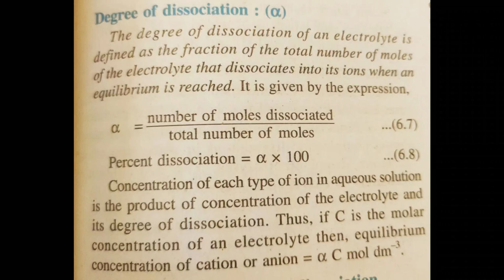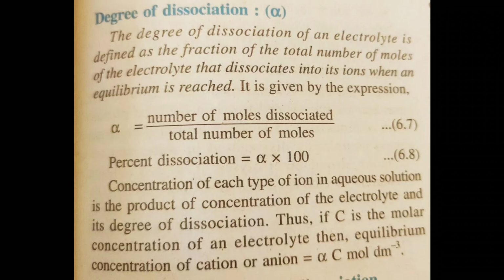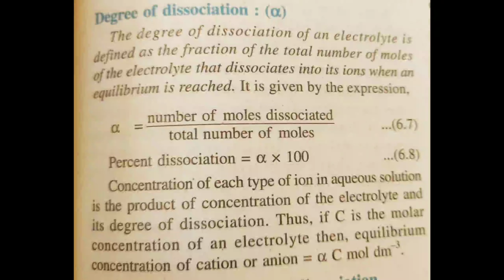Next point is the degree of dissociation, denoted by alpha. The degree of dissociation of an electrolyte is defined as the fraction of the total number of moles of the electrolyte that dissociates into ions when equilibrium is reached. It is given by the expression alpha equals number of moles dissociated divided by total number of moles.